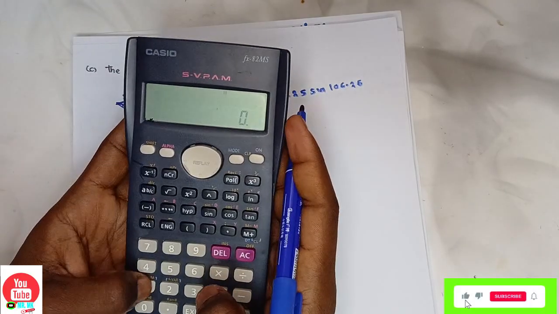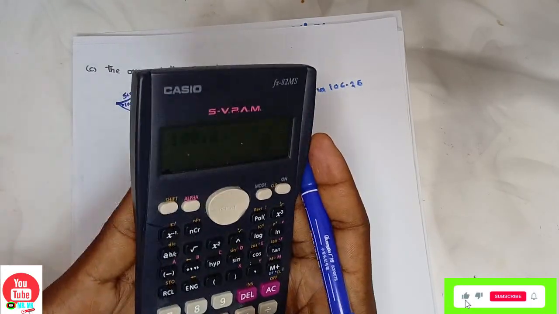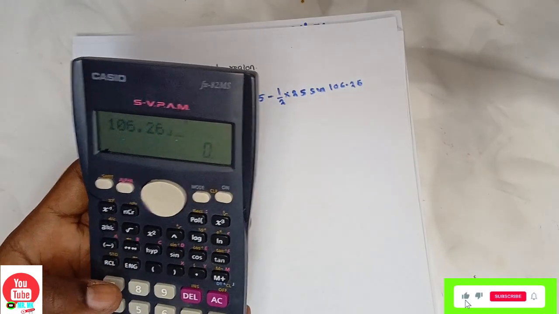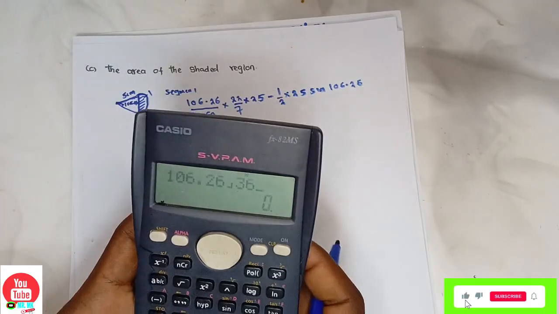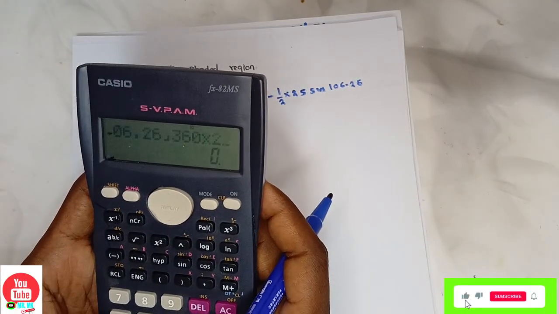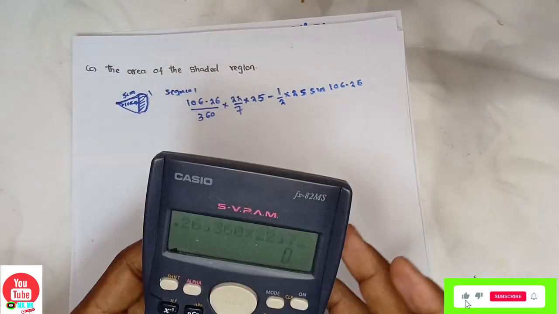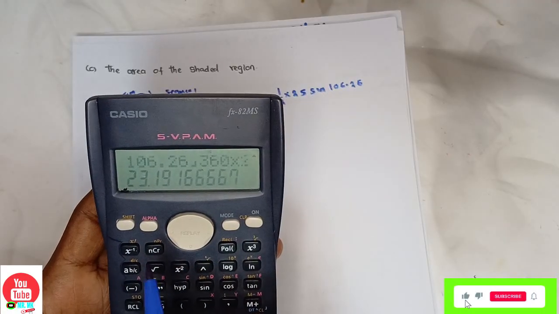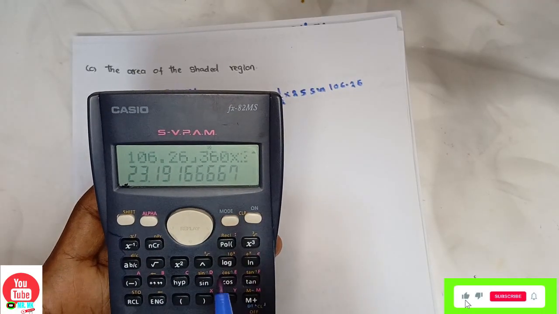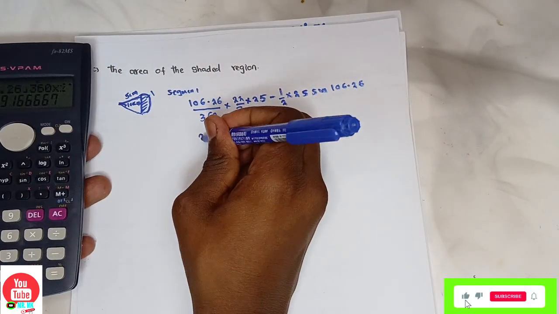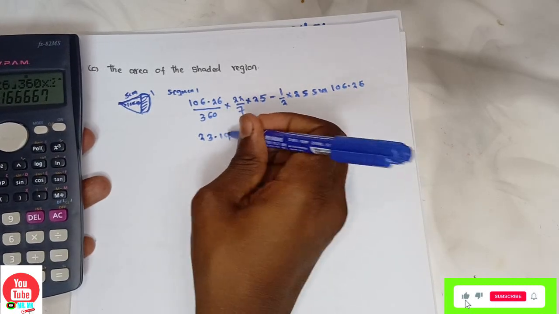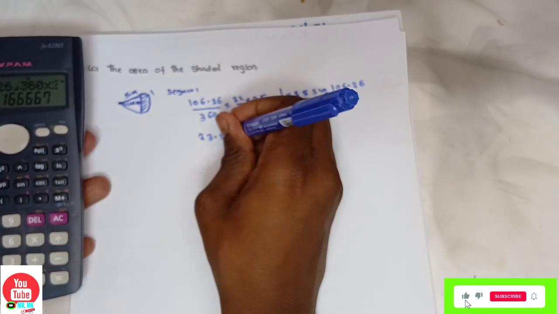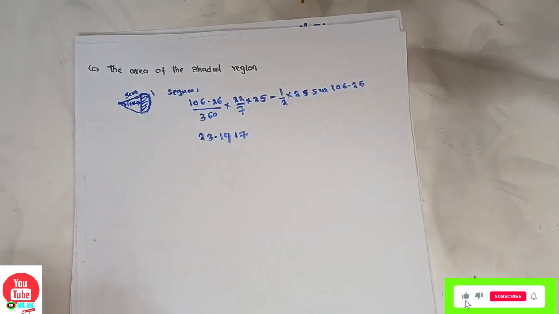Let's say 106.26 over 360 times 22 over 7 times 25. That one will be 23.1917.